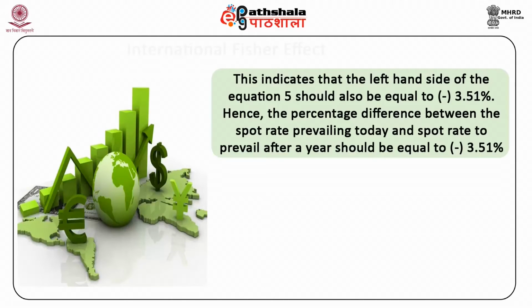This indicates that the left-hand side of equation 5 should also be equal to minus 3.51%. Hence, the percentage difference between the spot rate prevailing today and the spot rate to prevail after a year should be equal to minus 3.51%.